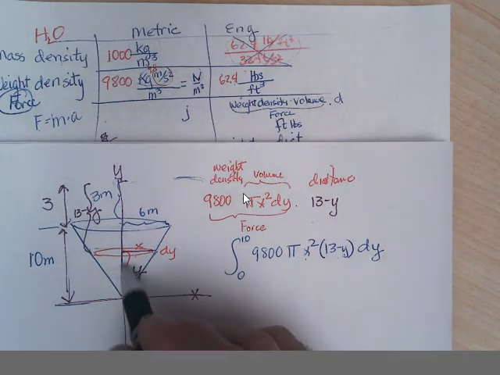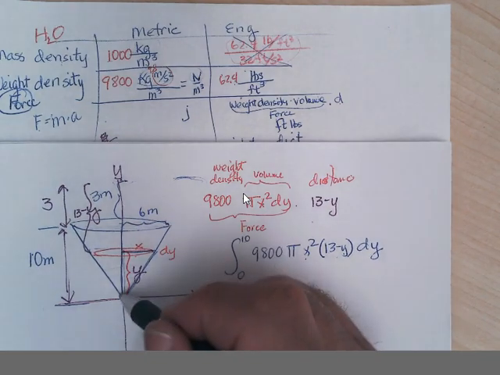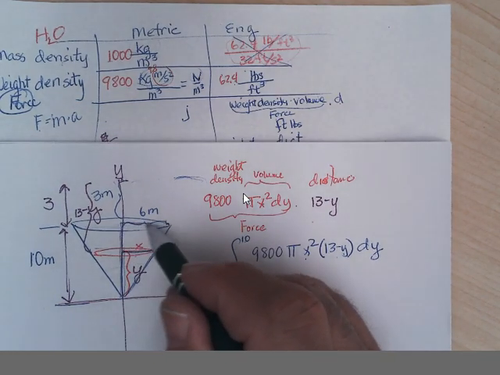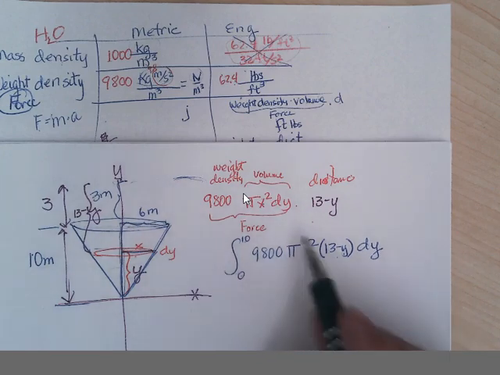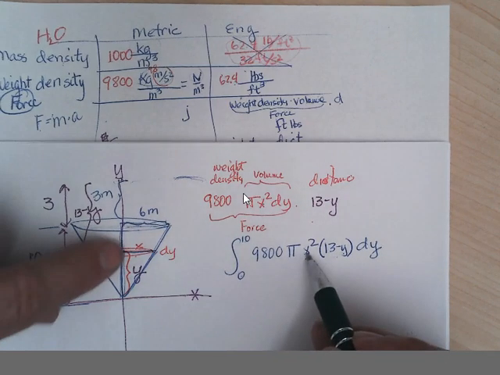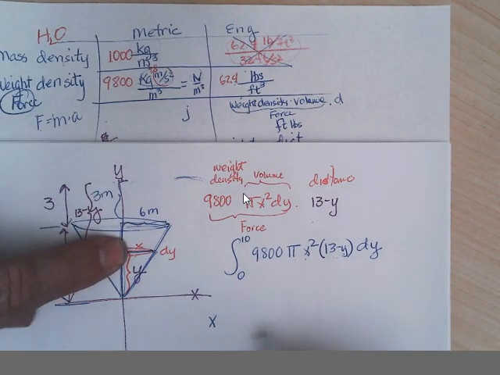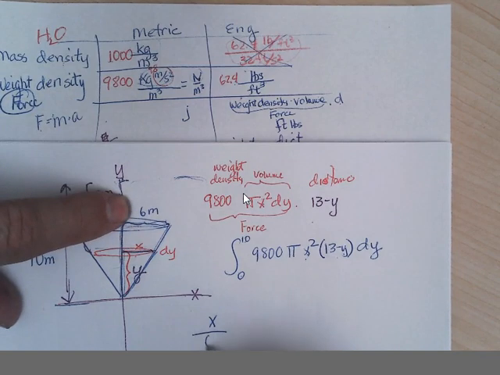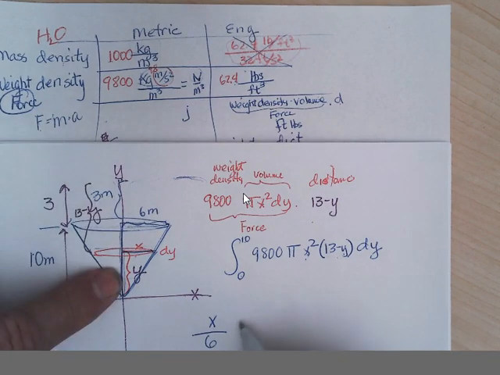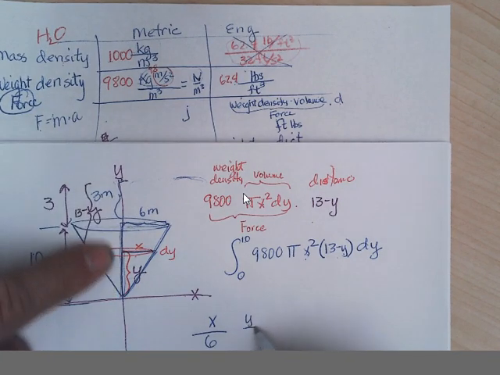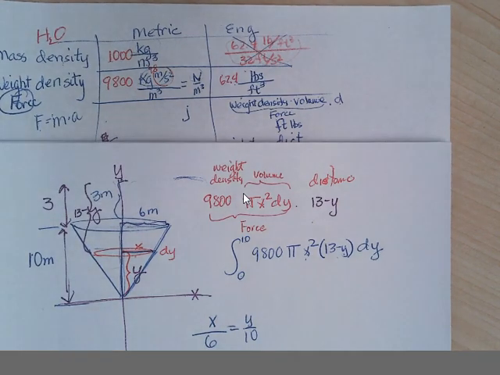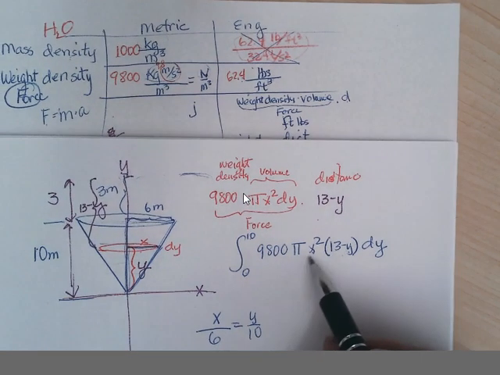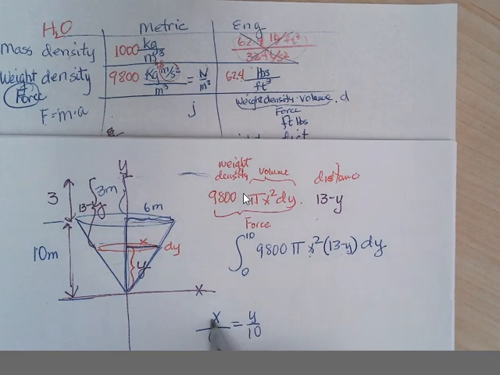The similar triangles I see are y and x here, and 10 and 6 there. And I'm trying to replace the x, so I'm going to start with x. x is to 6 as y is to 10. Ratio of similar triangles. I need to solve for x, so I'd multiply by 6.